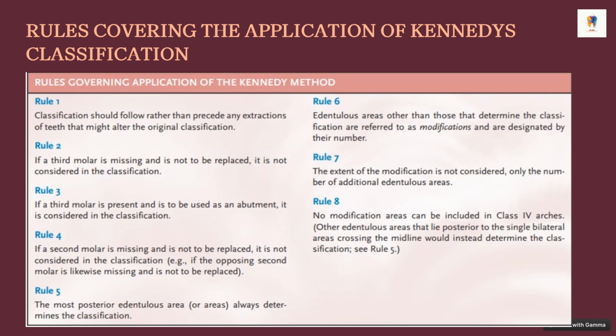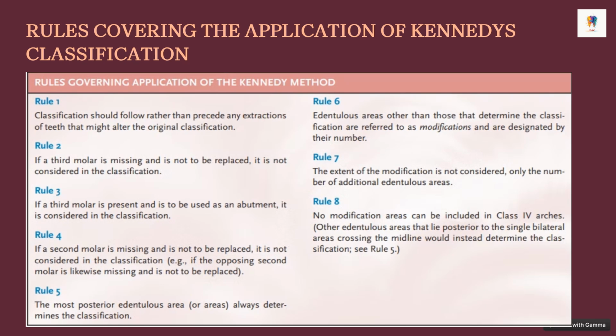But if a patient has anteriorly missing teeth, and that missing area is also crossing the midline bilaterally, but he also has some missing teeth in the posterior region as well, then you will not count this as a class 4 classification. Why? Because he has some posterior missing teeth.